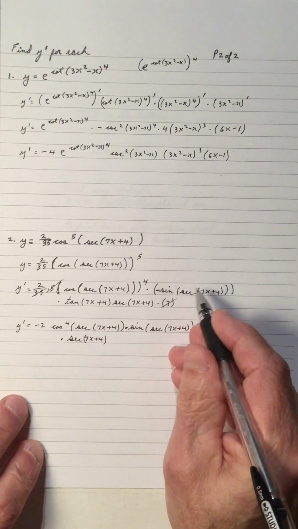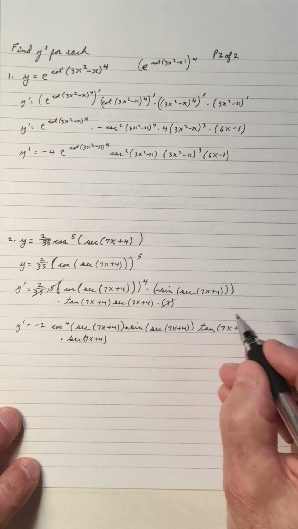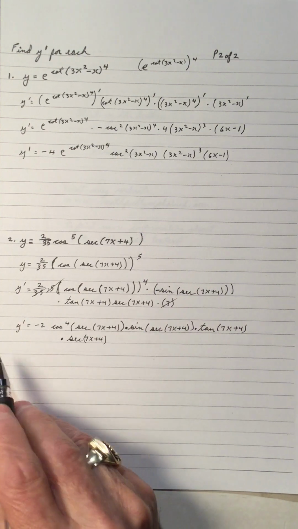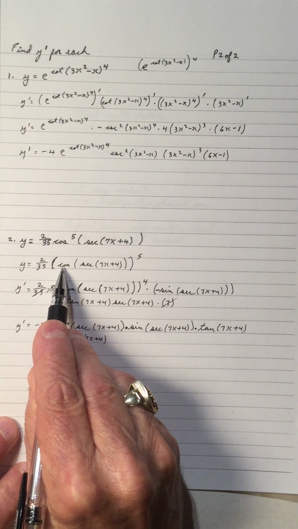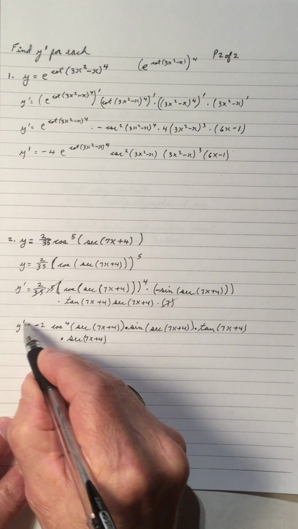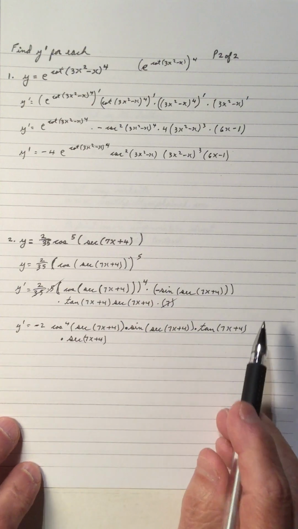The 7 cancels out. So there it is. Notice there's a multiplication here, and this is a multiplication, and this is a multiplication. Again, apologize. The derivative of cos is negative sine. I forgot to put the negative in, just neglected for a second there. So there's the derivative of this function.